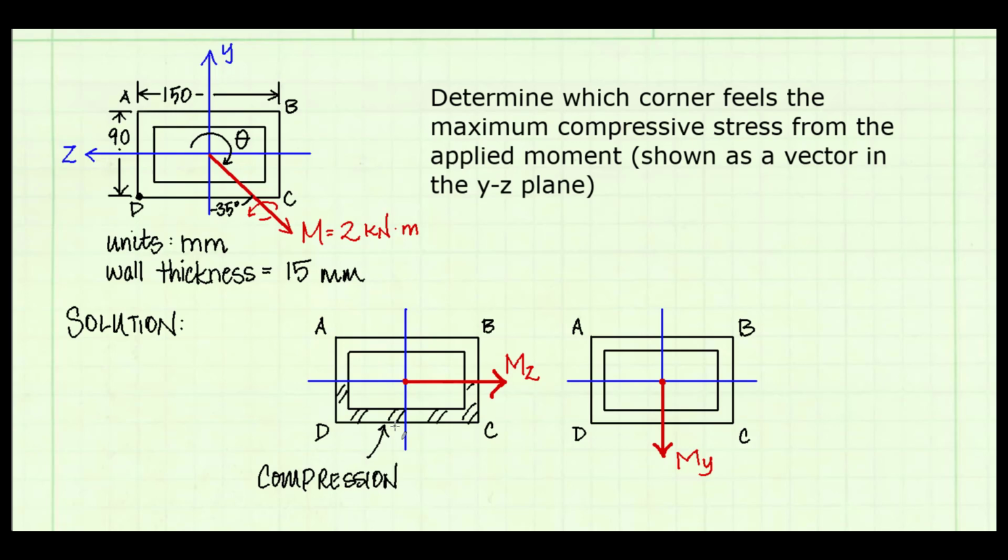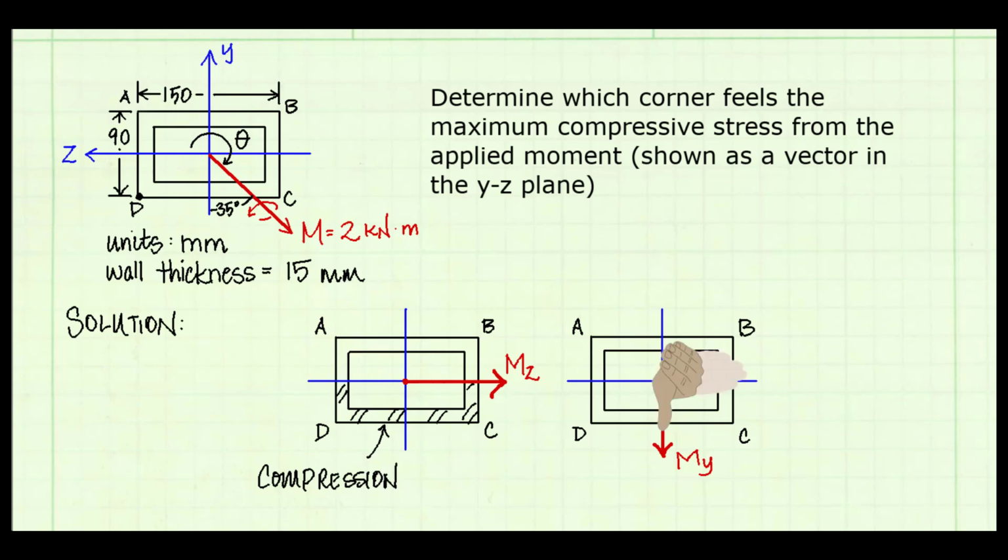Let's use the same logic for the y component of the moment on the right. For the y component of the moment, the y-axis is the neutral axis. This means that the portion of the cross-section on one side of the neutral axis will be in tension and the portion on the other side will be in compression.